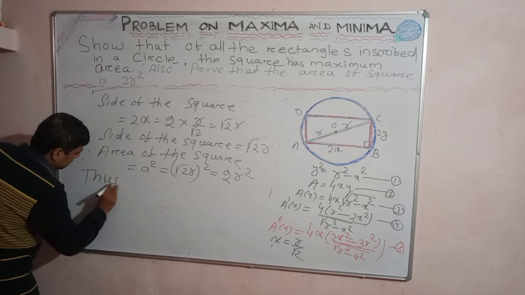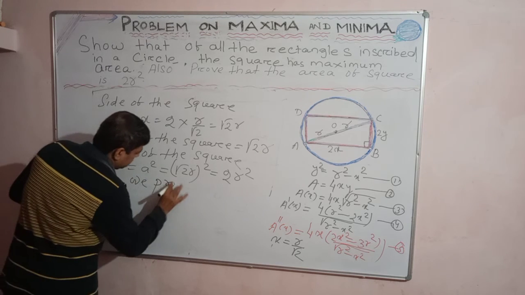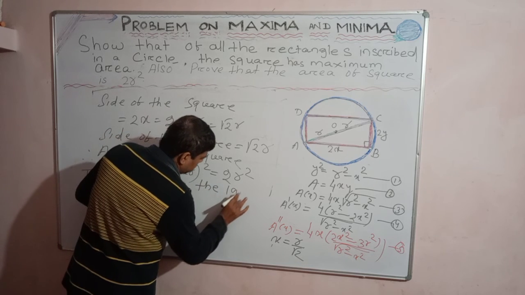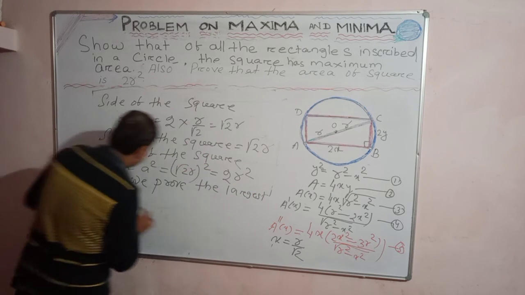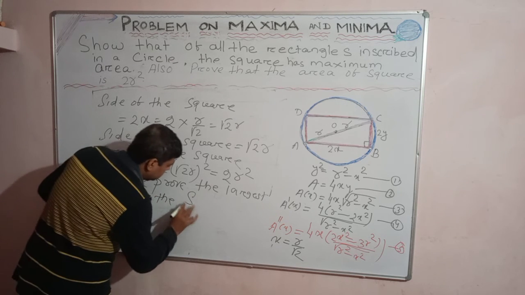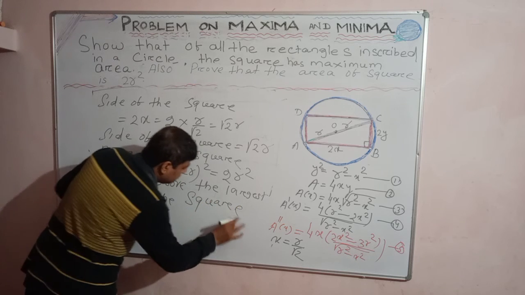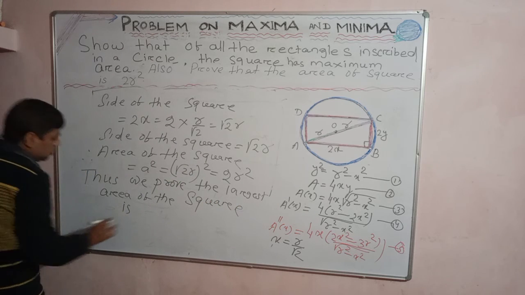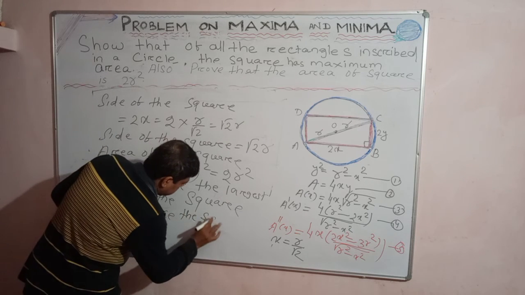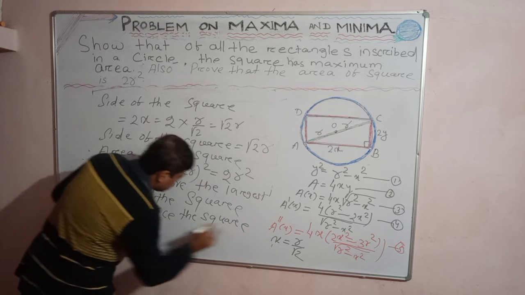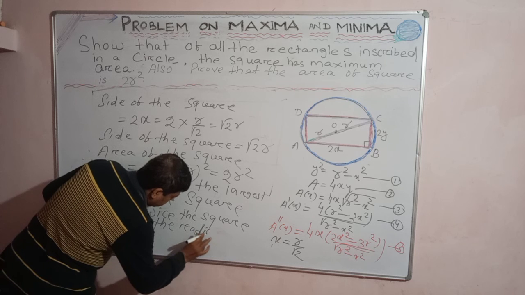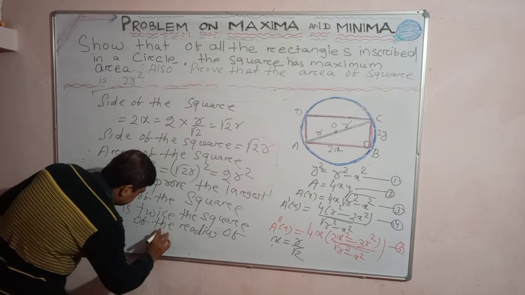Thus we prove that the largest area of the square is twice the square of the radius of the circle.